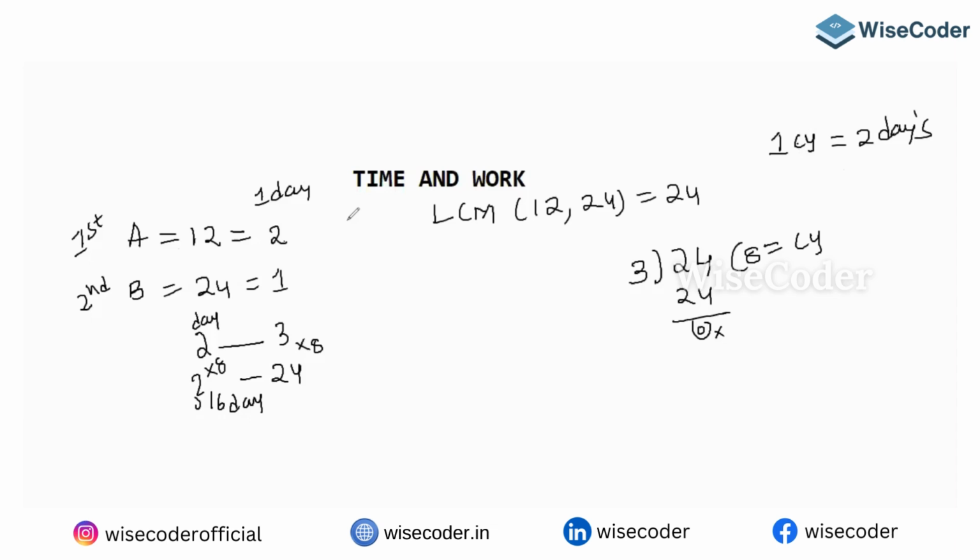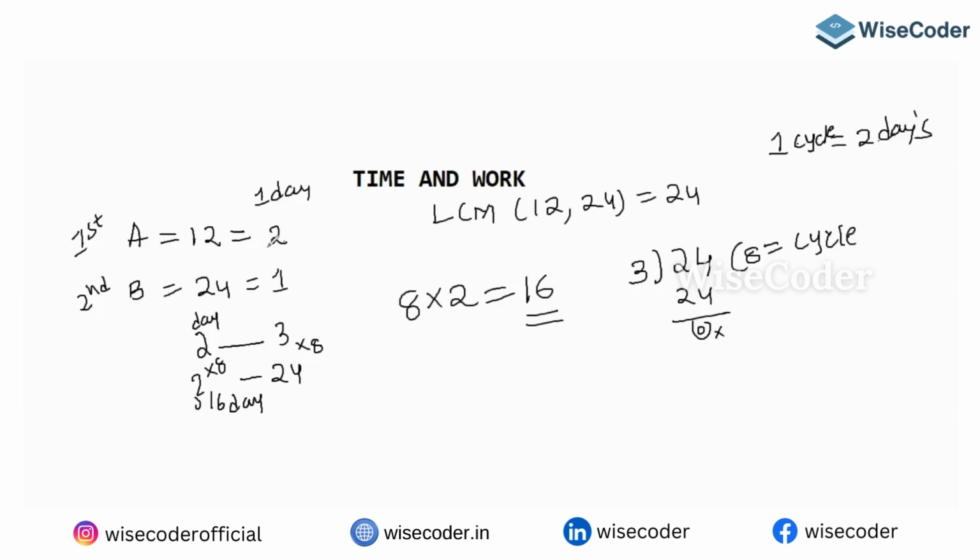So simply multiply the 8 cycles. One cycle equals 2 days, so 8 cycles equals what? Multiply this coefficient with the number of days. 8 twos are 16. Simply, how many persons are there? Multiply with that, you will get your answer.